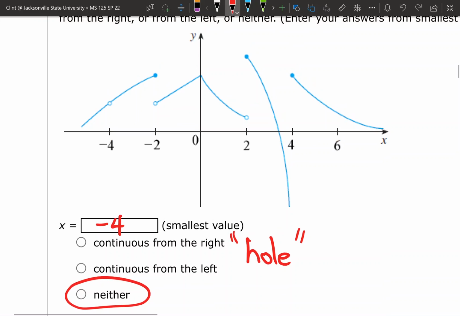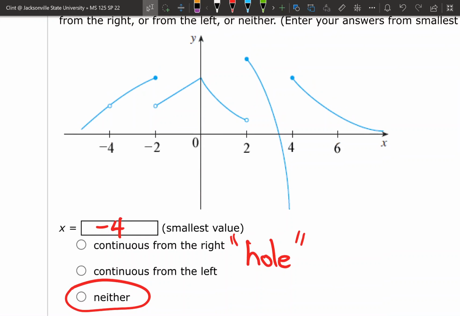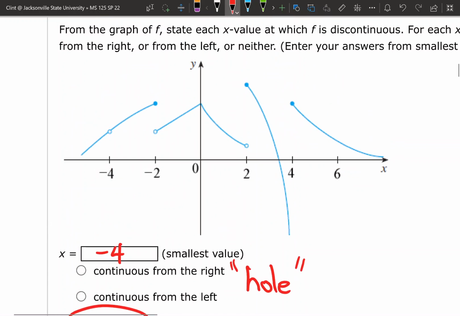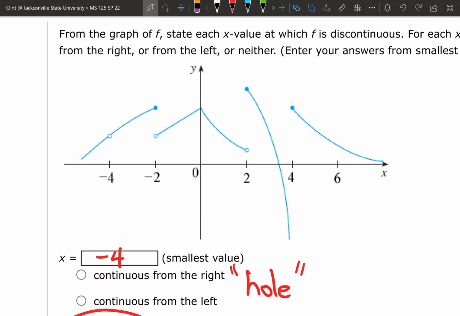Okay. Next discontinuity. At 2, yep. At 2, we got another jump. And on that one, it would be continuous from the right.